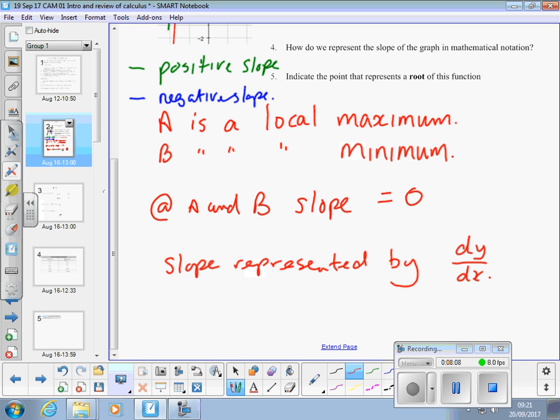There are other ways of writing it. In functional notation, we might use that for the first differential. So we might switch between those. But that represents the slope of that graph, dy by dx, mathematically.